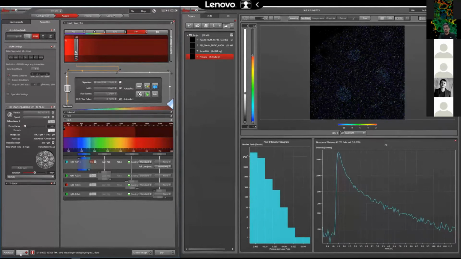It's not optimal resolution, but that's not what we are really interested in. So it's not always necessary that I go for the best resolution, because it really depends on the biological question that I have. Do I need the best resolution that the system can offer? In our case, no, we don't need it.